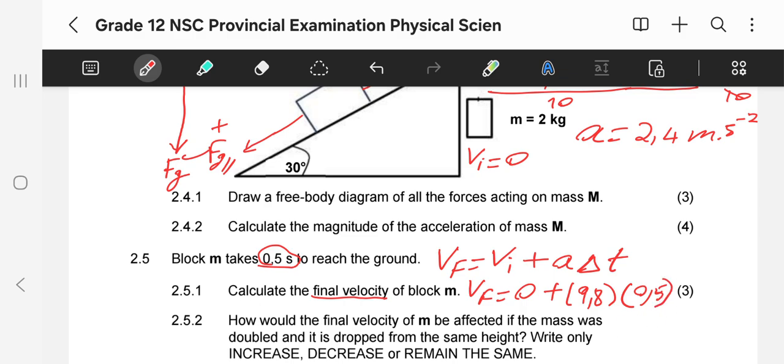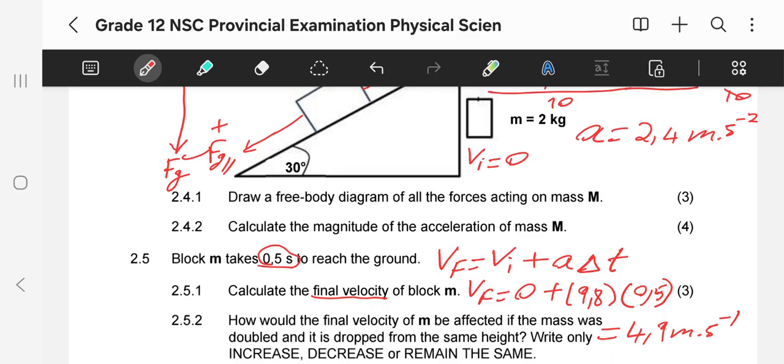So I'm just going to substitute it there and then just press the calculator to get my answer. Put everything on the calculator here, and if I put this on the calculator, that means that my Vf is going to be equal to 4,9 meters per second. And this is my answer basically for 2.5.1.